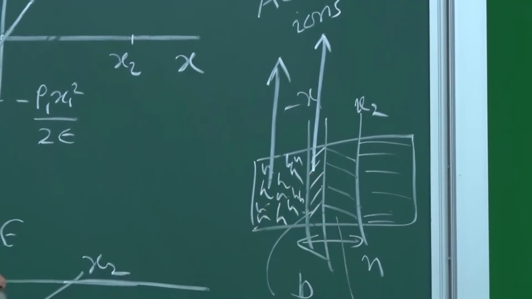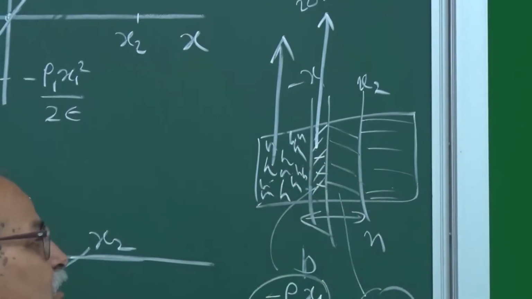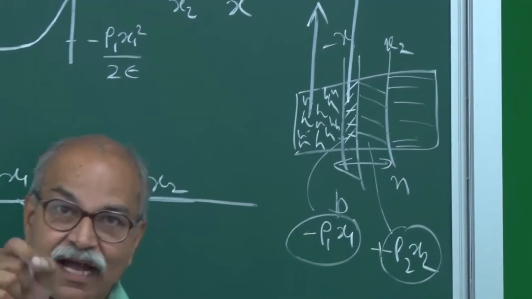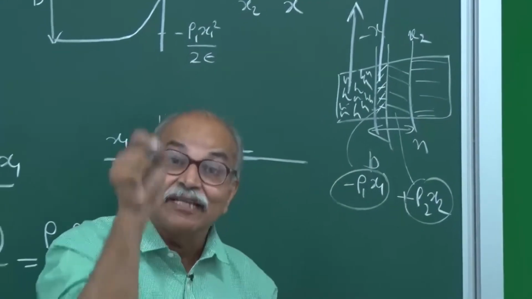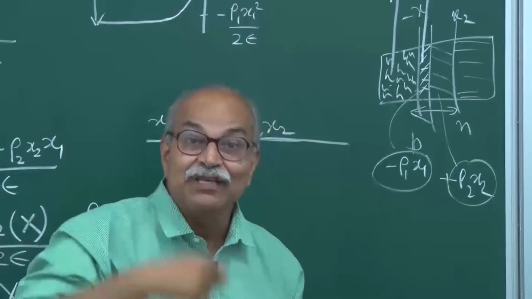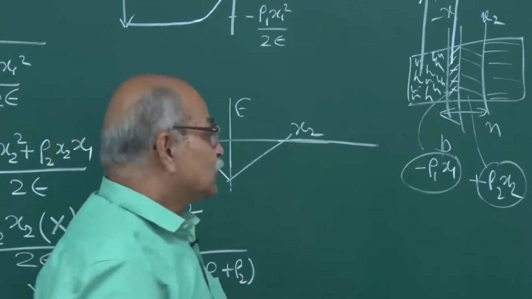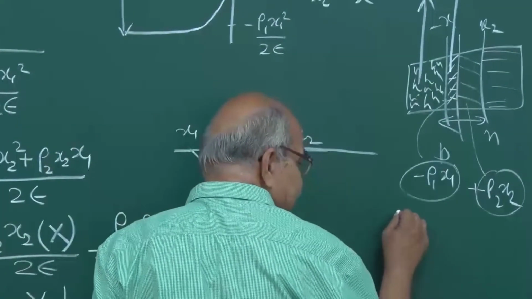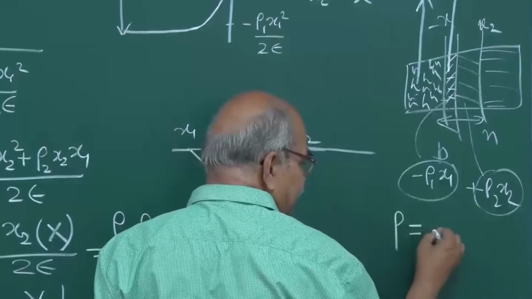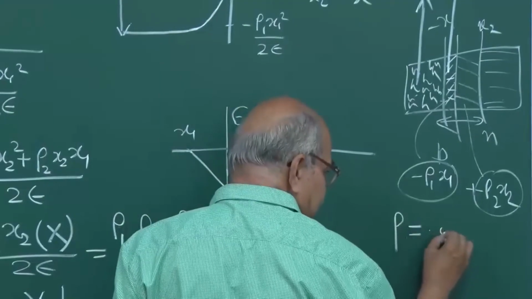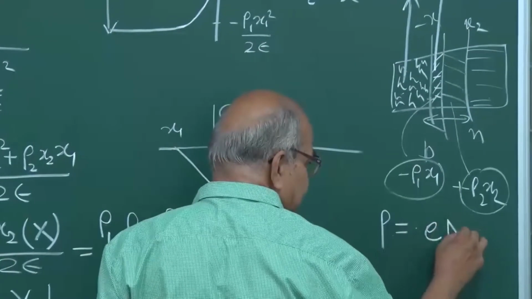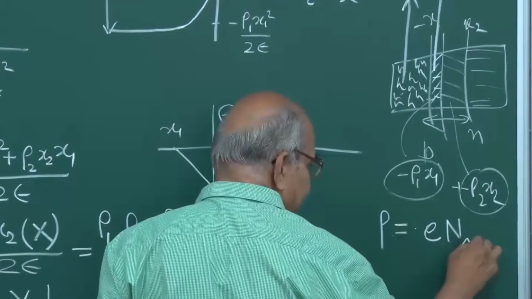Therefore, you have this negative charge. All right. So each acceptor ion which is sitting there in the depletion layer is giving you 1 unit of negative charge. So the charge density will be just E times the density of acceptor ion.